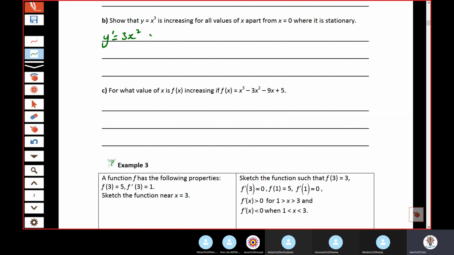So y dash is greater than 0 for all x except at x equals 0, where y dash would equal 0, right? 3 times 0, y dash equals 0, therefore stationary.